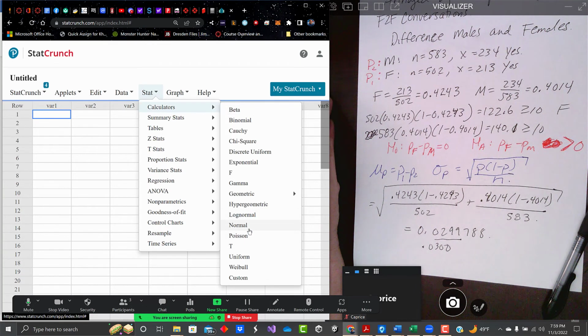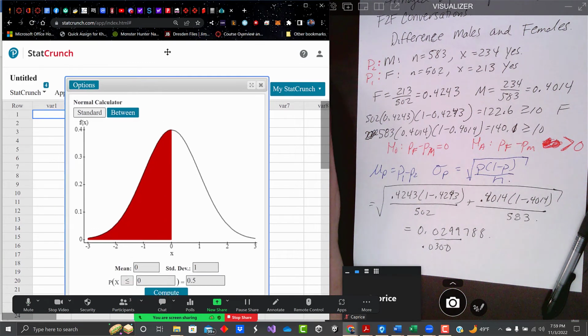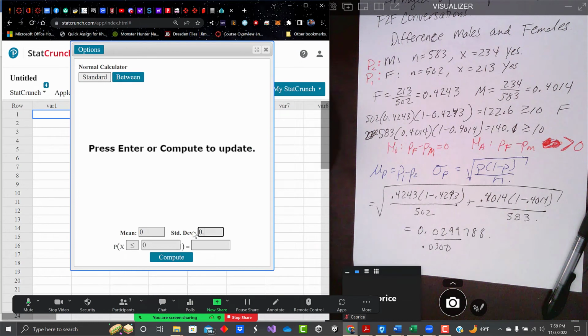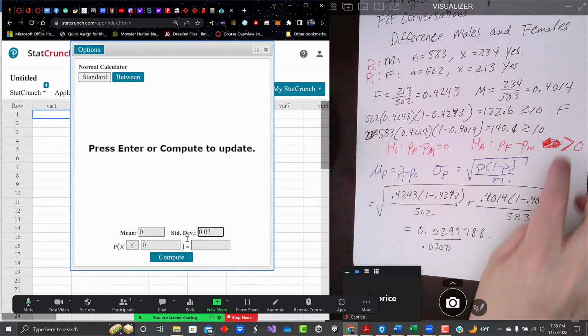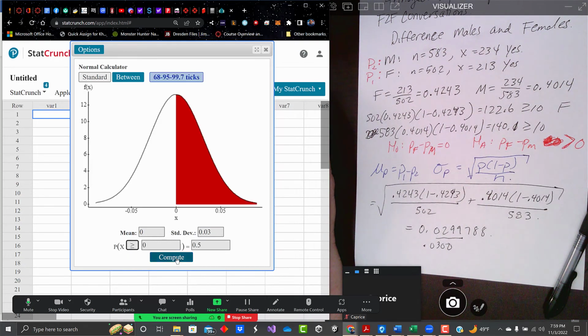Stats, calculator, normal. The mean is 0, the standard deviation is 0.03, and we're looking for P1 minus P2 greater than 0.